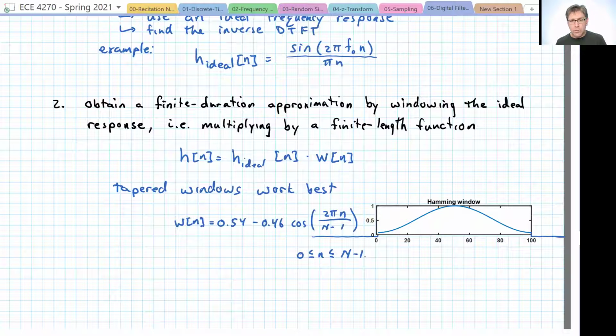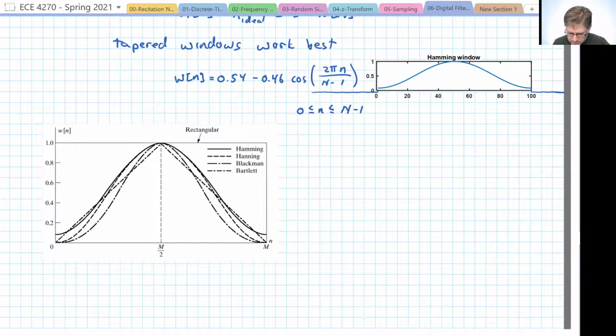So I'll show you some common windows, and then we'll get an idea as to why this works the way it does and exactly what's going on. So here we have the Hamming window. It's a solid line. Another one, it's often called the Hanning window, but it should be the Han window. And I can see here, even in this semi-official description, we have the Hanning.